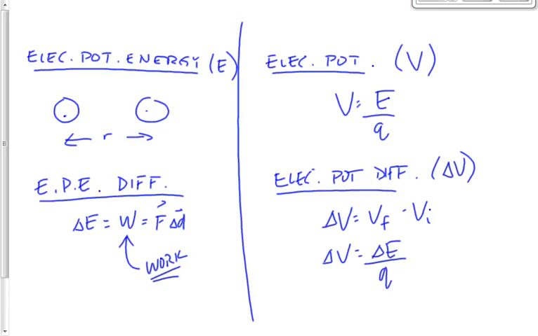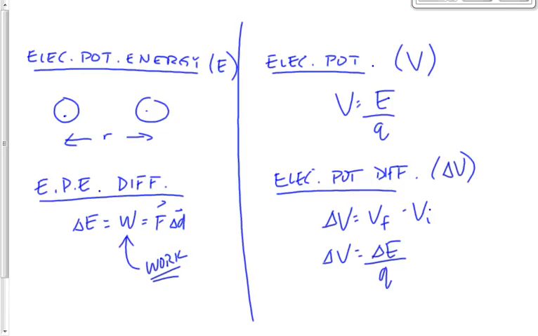What was our potential energy to start? 60. What was our potential to start? 4. What was our potential energy to finish? 15. Okay. What was our potential to finish? 1, right. Total potential energy, 15, divided by the number of us, or the amount of charge that you have, which would be 15. 15 divided by 15 is 1.